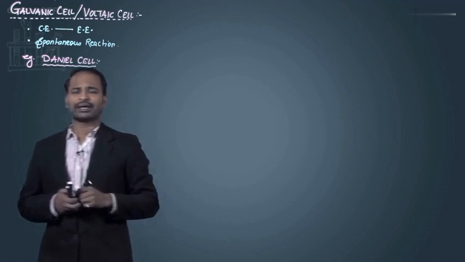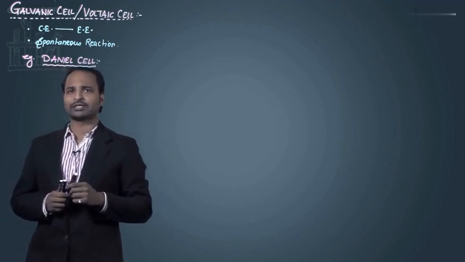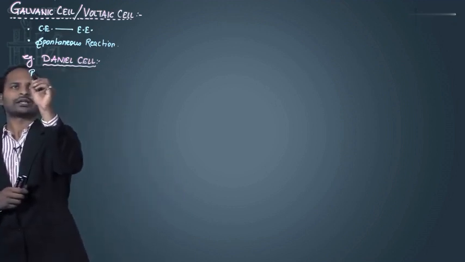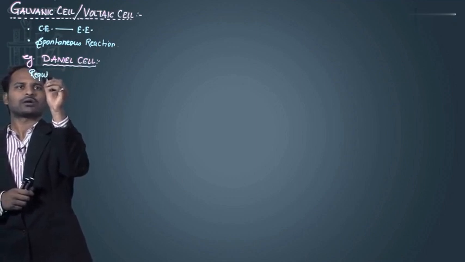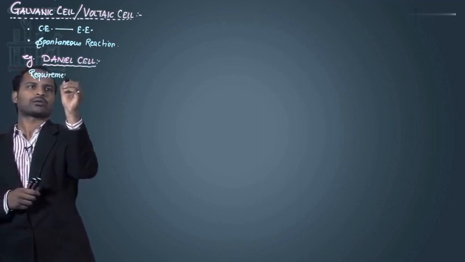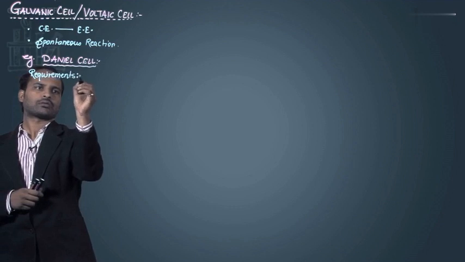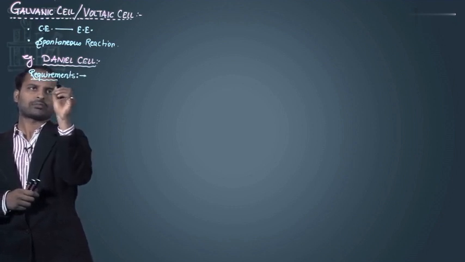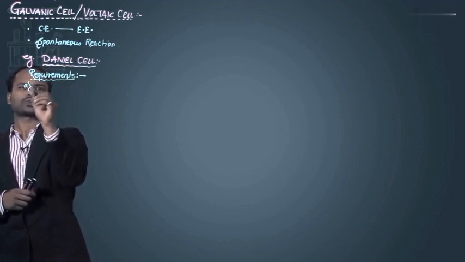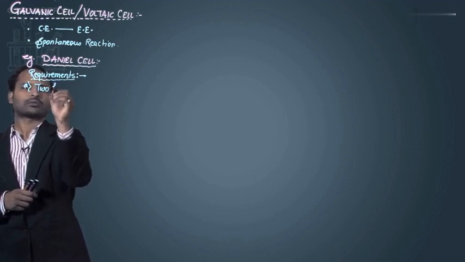Now, the Daniell cell, what are the requirements here? So for the Daniell cell, the requirements are: the first one is two half electrodes.